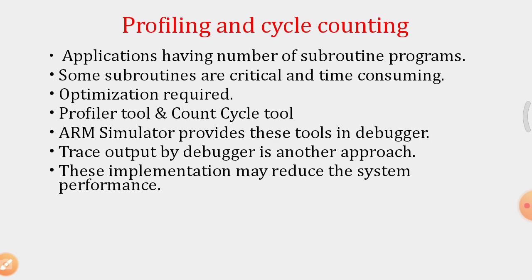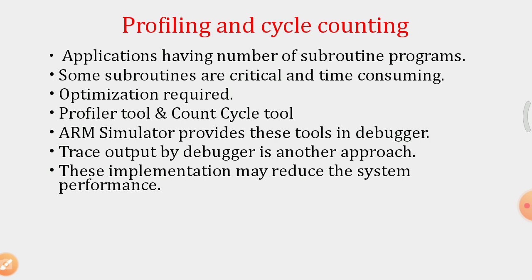This is done by sampling the program counter register at regular time intervals. So by sampling the PC register at regular instants of time, we can measure the proportion of time taken to execute a subroutine program.